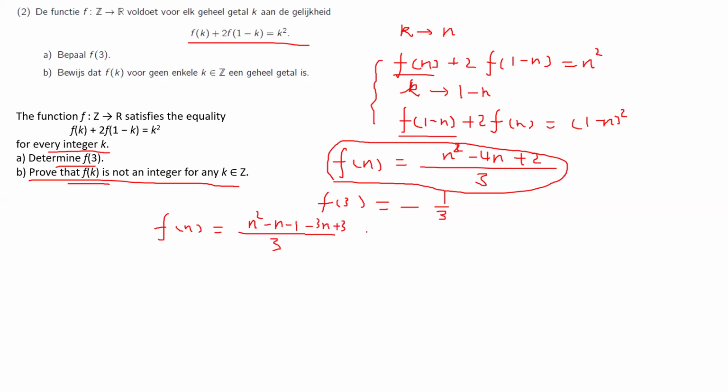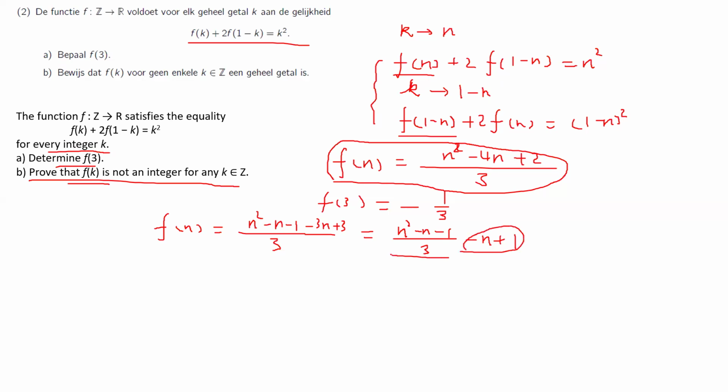Where we have (n squared minus n minus 1) divided by 3, minus n plus 1. Okay, so this last part is an integer.